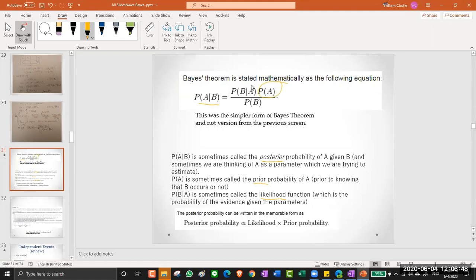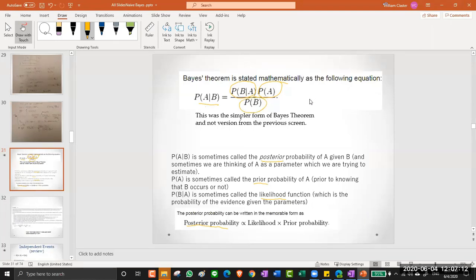And this is called the likelihood function, or the likelihood. Okay? So with that terminology, we can say the posterior is equal to what? The likelihood times the prior divided by this.